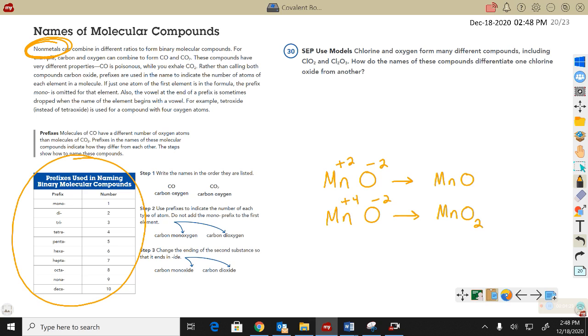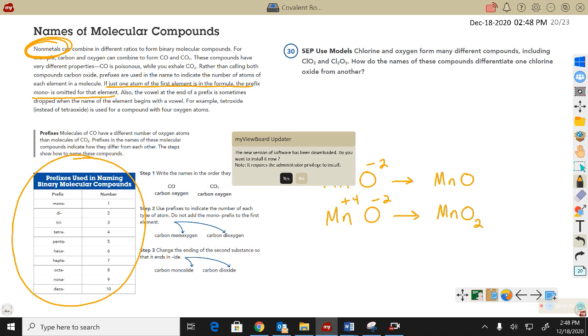Now you could say monocarbon, monooxide. That wouldn't be wrong, but often when there's only one atom of the first element, we probably are going to see that mono omitted only if it's on the first element. Now, if somebody wrote on a test monocarbon, monooxide, that's fine.